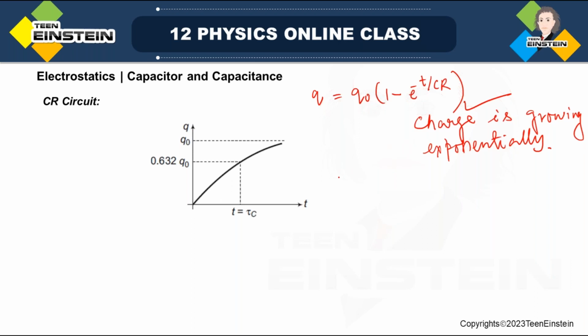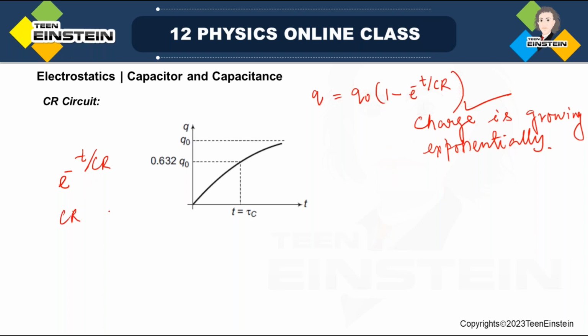Now, one thing we can see from here: this term, T by CR. The argument of an exponential will always be a dimensionless quantity.